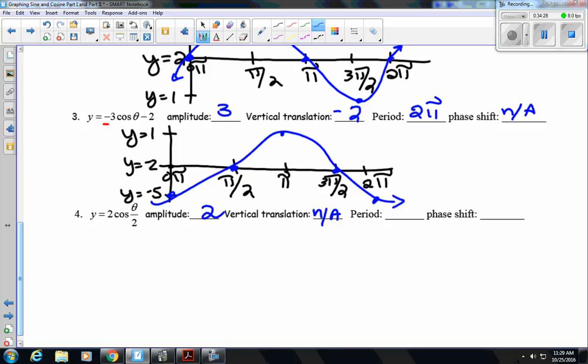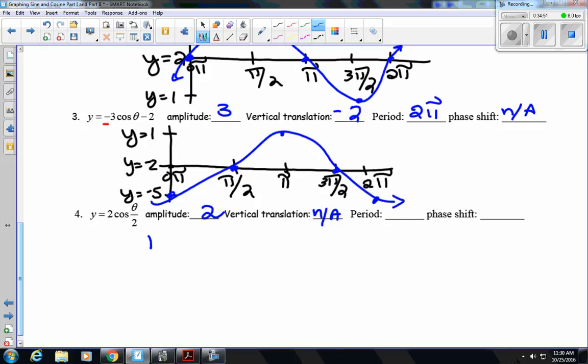What number is beside your angle notation? It's 1/2. That's theta over 2, or 1/2 theta, just like pi over 2 is 1/2 pi. So the b value is 1/2.